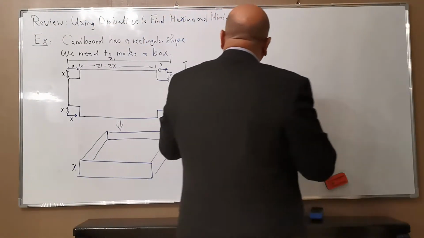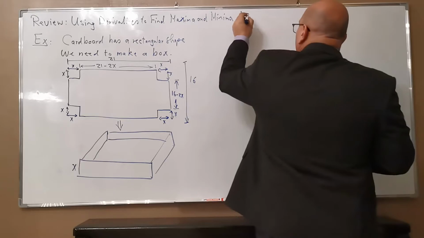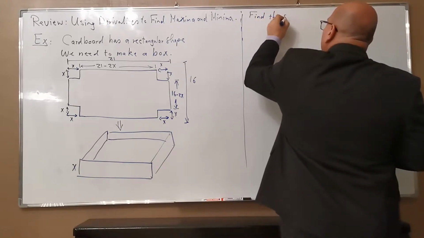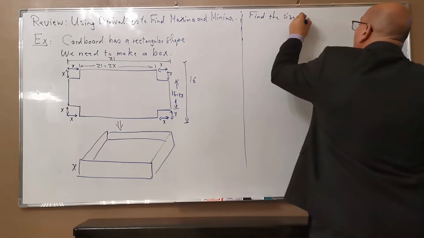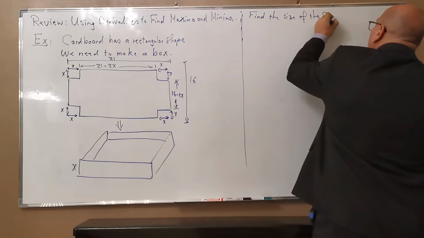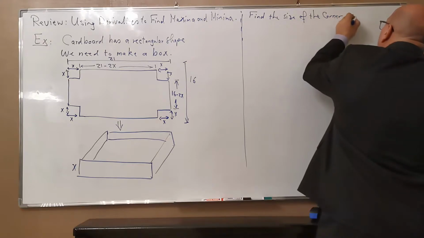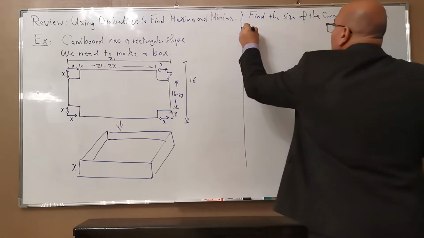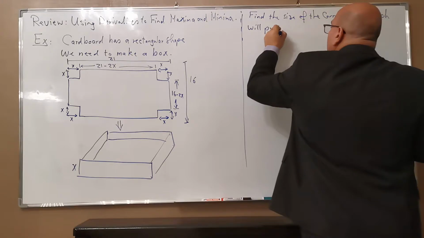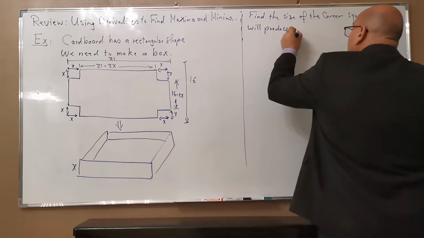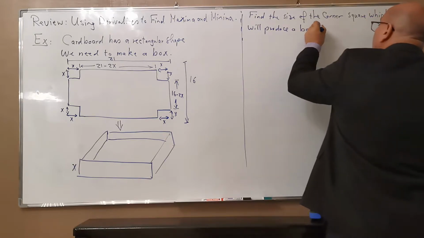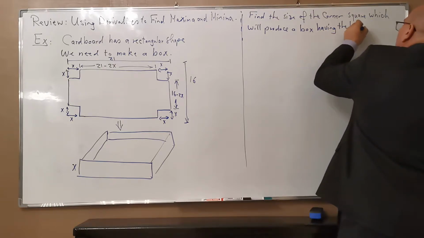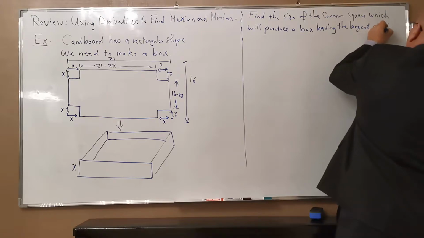The statement that we have here is we need to find the size of the corner square which will produce a box having the largest possible volume.